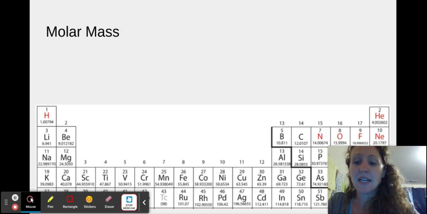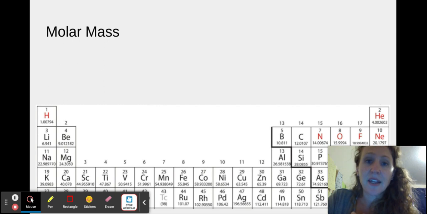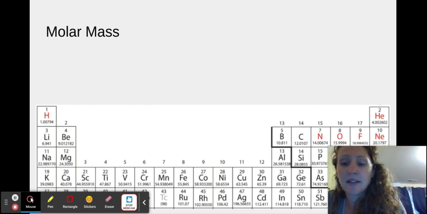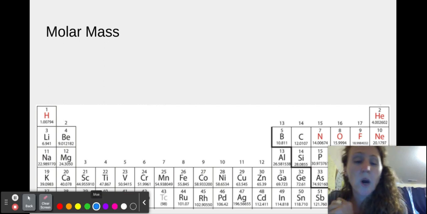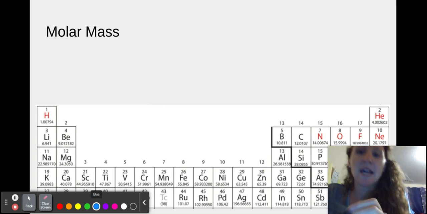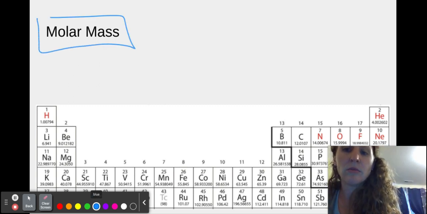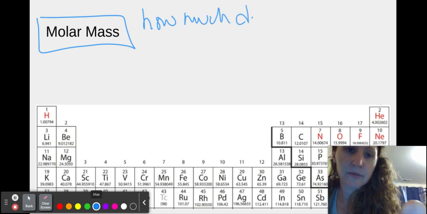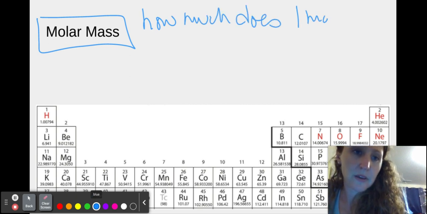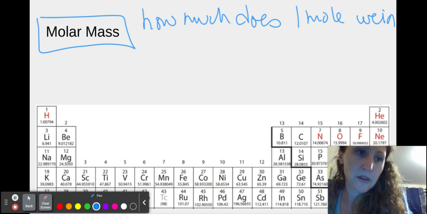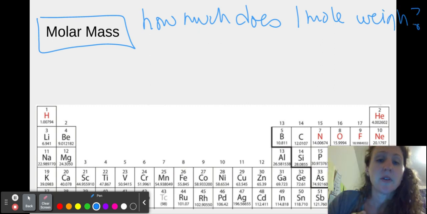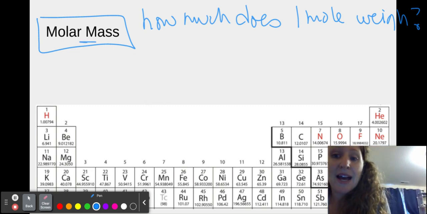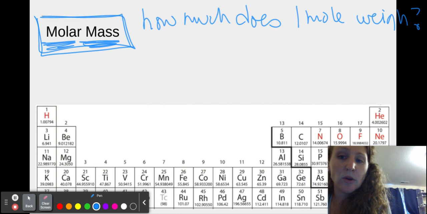So let's just finish up today by talking about this idea of how much 1 mole weighs. Now that's what we call molar mass. Right? How much does 1 mole weigh? So the mass of 1 mole is called molar mass.